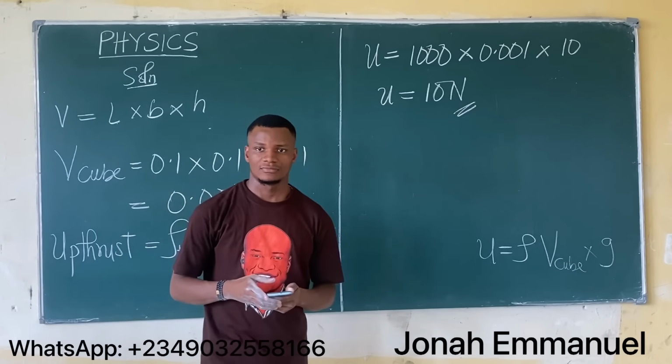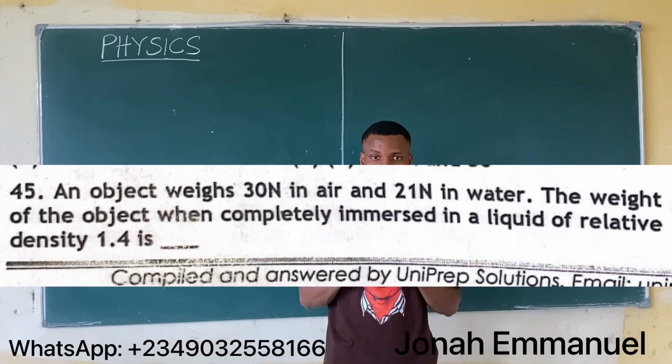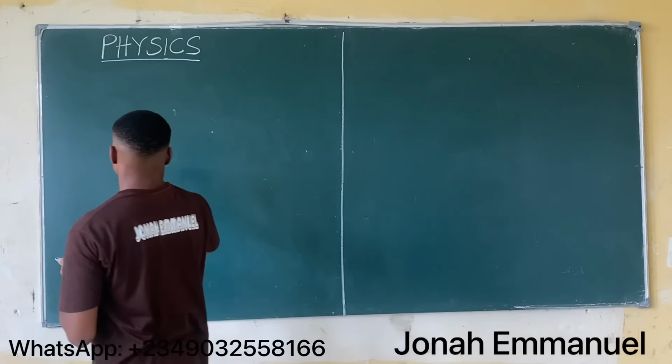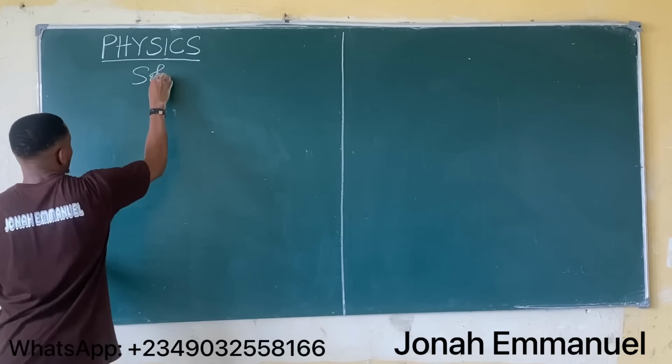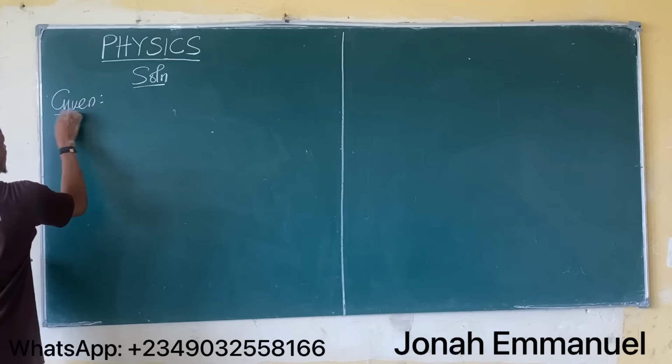So this question says, an object weighs 30 Newton in air and 21 Newton in water. The weight of the object when completely immersed in a liquid of relative density 1.4 is dash. Alright, solution. First things first, list out the given parameters.